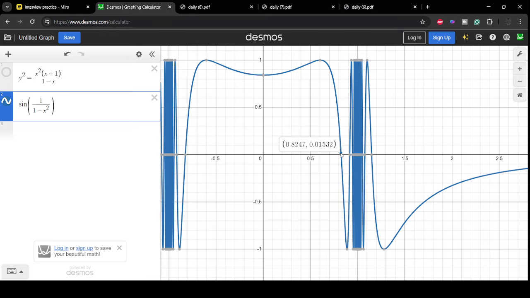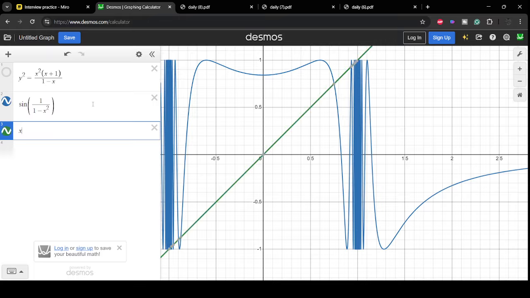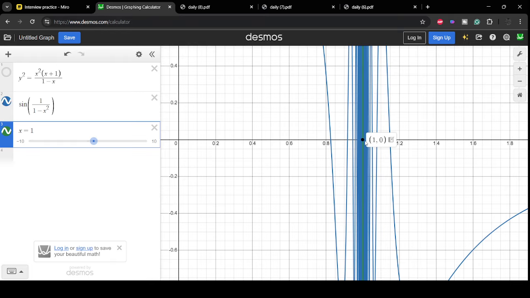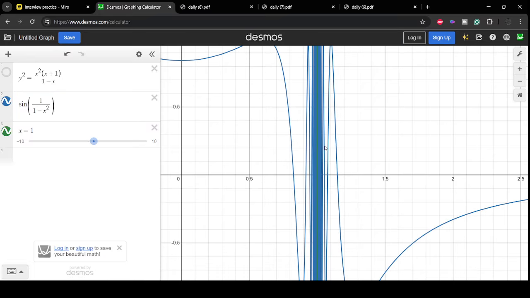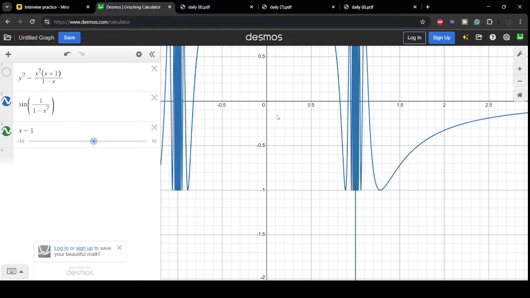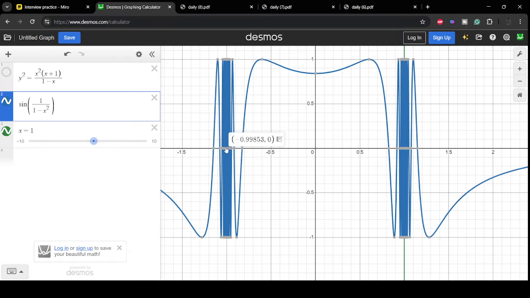Where is 1? Aha! It hides out, like this. That's an interesting graph. Okay, so that's what happens. Well, we learn new things every day.